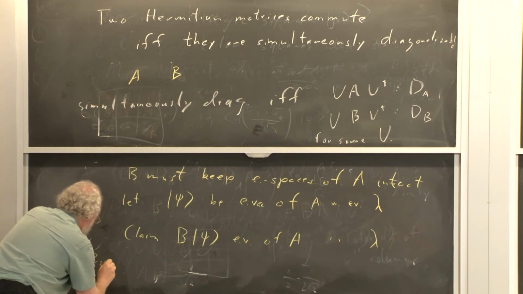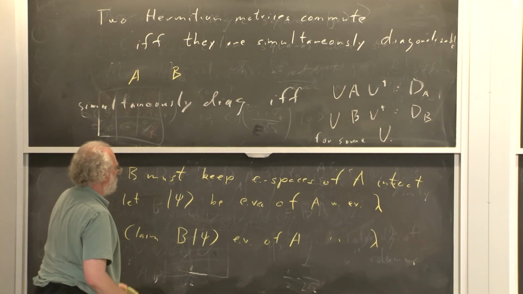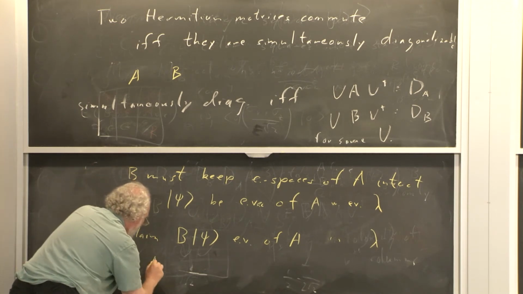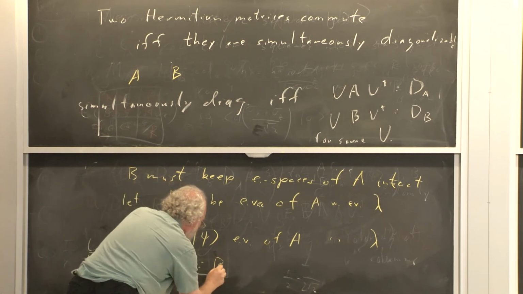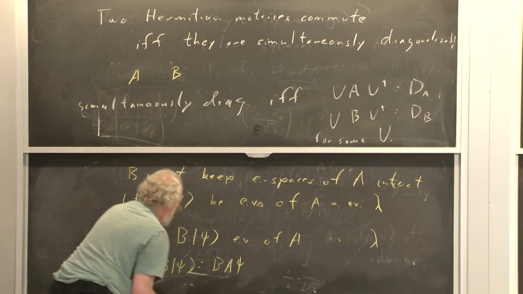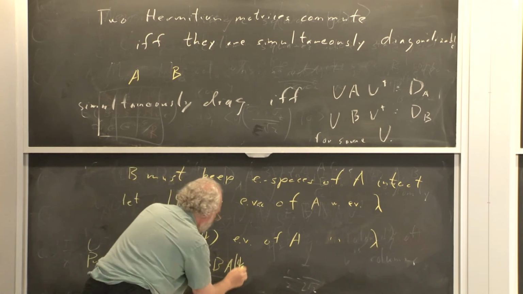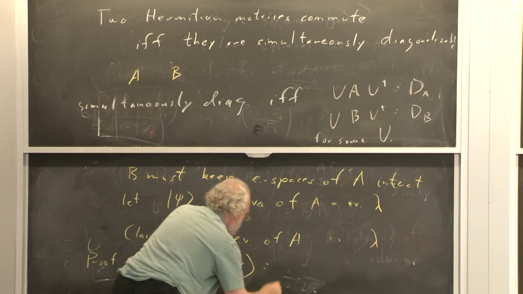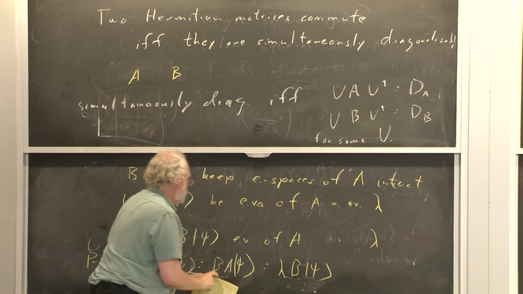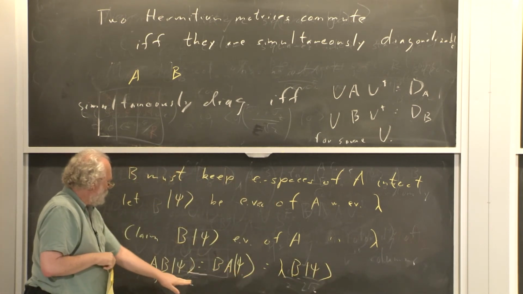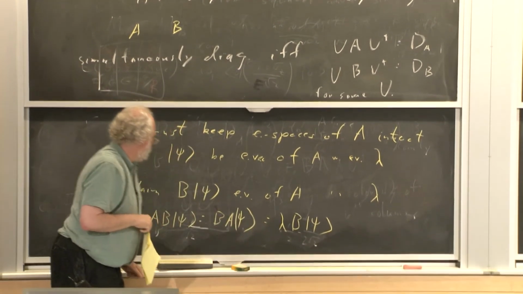And the proof is: A B psi is equal to B A psi, because A and B commute, which is equal to lambda B psi, because psi was an eigenvector of A with eigenvalue lambda.